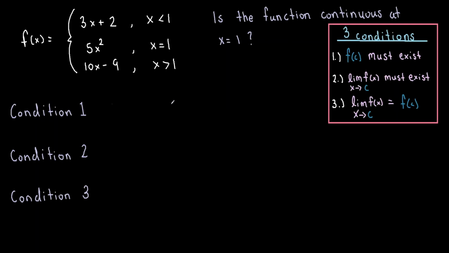In this problem, we are asked if this function is continuous at x equals 1. And like we did before, we have to make sure we follow our three conditions. Let's look at our first condition. Does f of 1 exist?